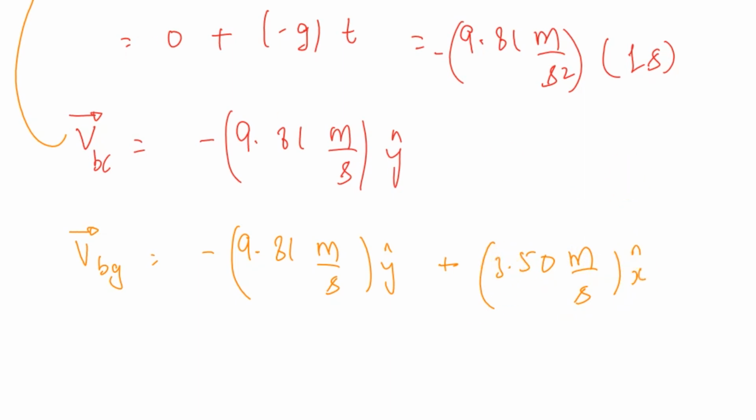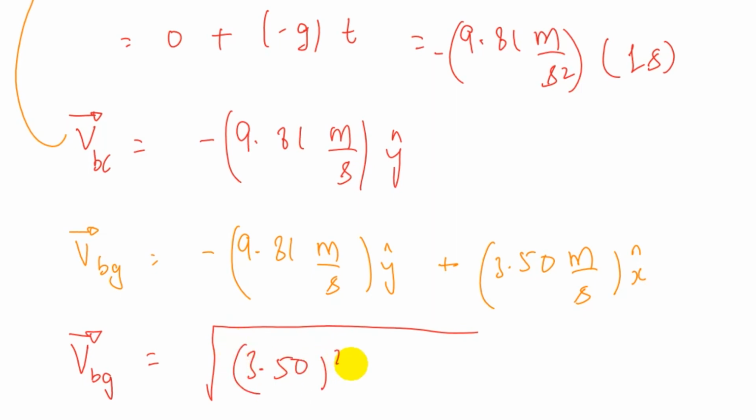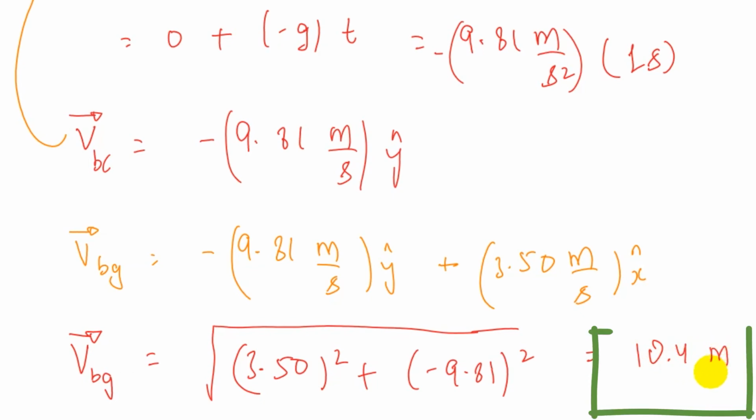Now the magnitude is pretty simple. The magnitude of the velocity equals the square root of the x component squared plus the y component squared. The x component is 3.50 squared, and the y component is minus 9.81 squared. On solving this, we get 10.4 meter per second. So this is the answer for the A part.